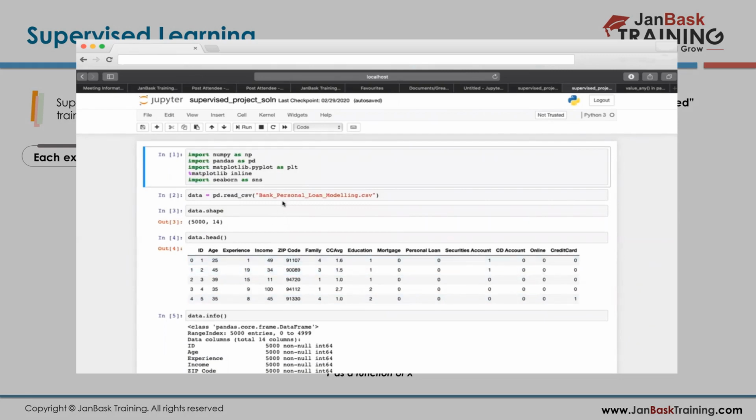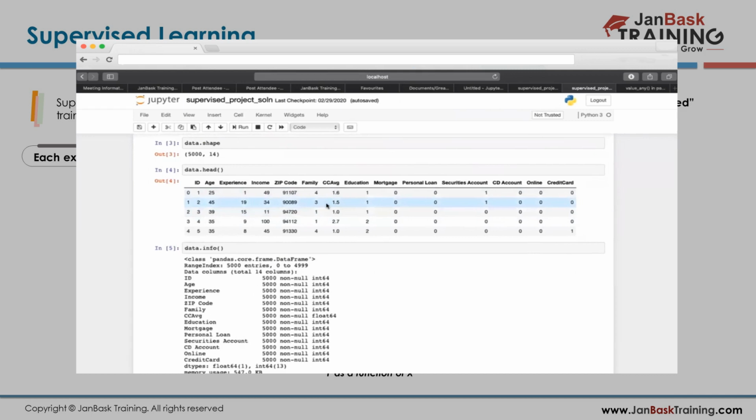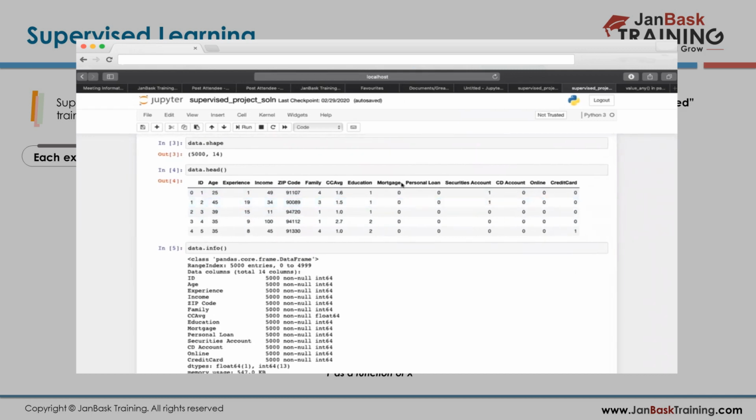The objective was to find out personal loan modeling or selling, like whether the person can buy the personal loan or not, agree to purchase the personal loan from the bank or not. If you see, this is a label data, because the personal loan column is there for the entire data set, and it is labeled like 0, 0, 0, 0.